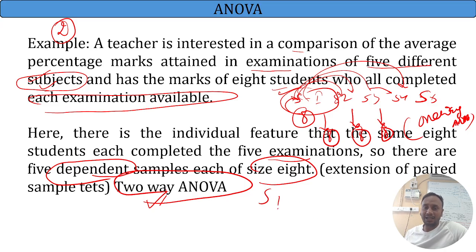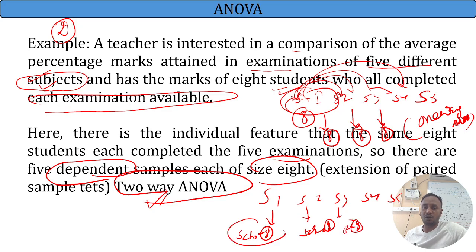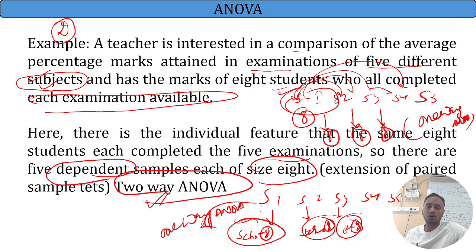Let's say from school A we took eight participants, from school B eight participants, and from school C eight participants. They are all independent participants. In that case, we can go with the one-way ANOVA.